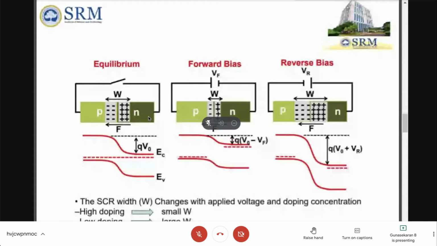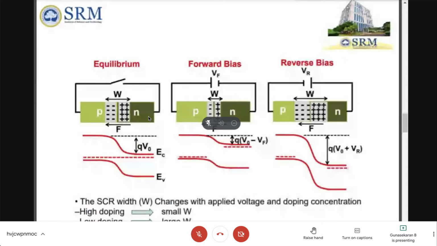Say yes or no. See whether you understand the diagrams or not, please. Sir, what is F? That is Fermi energy. Yes sir, Fermi energy. The width of the region W is given there. The applied voltage is there, forward voltage, that V suffix S. Forward voltage is given.